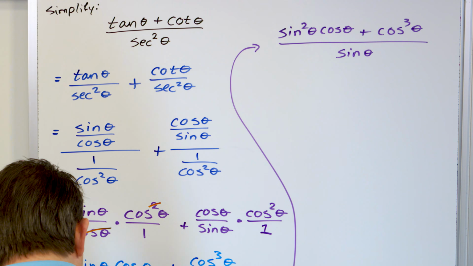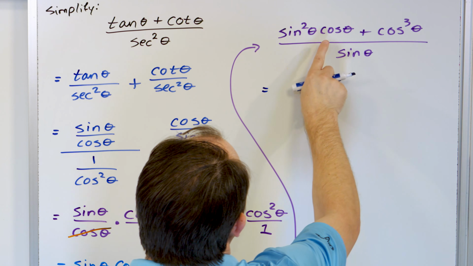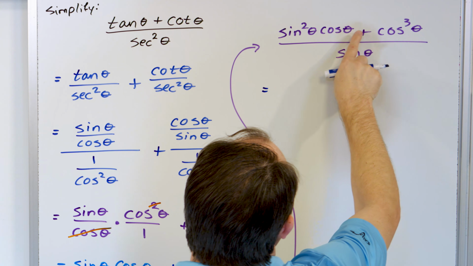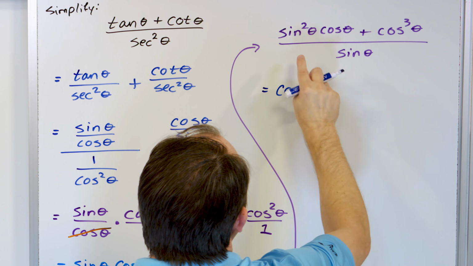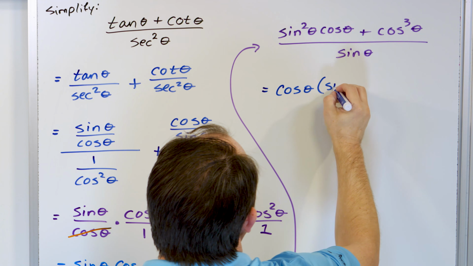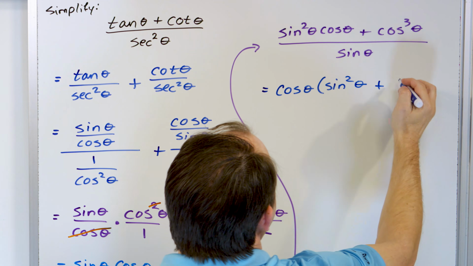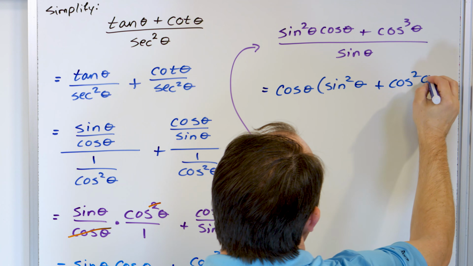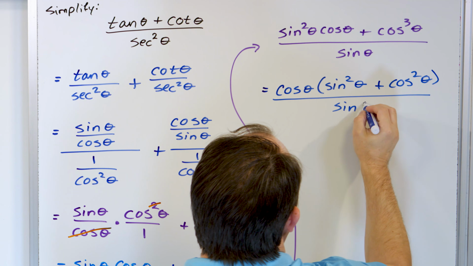Then you ask yourself, okay, what could I do next? In the numerator, notice I have a common term. I have a cosine here and a cosine here, so I'm going to factor out a cosine of theta. In that first term, I'm going to have left over a sine squared of theta. And then over here, left over, I'm going to have a cosine squared of theta. And then on the bottom, I'm going to have a sine of theta.